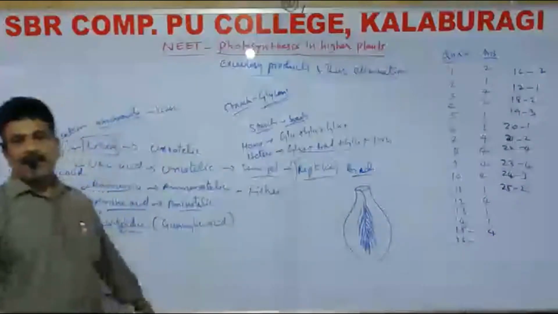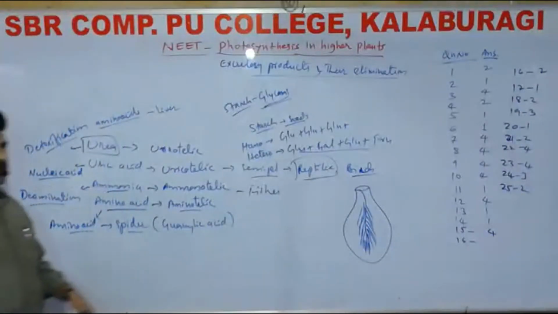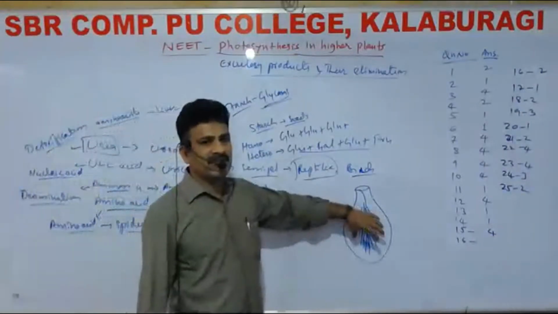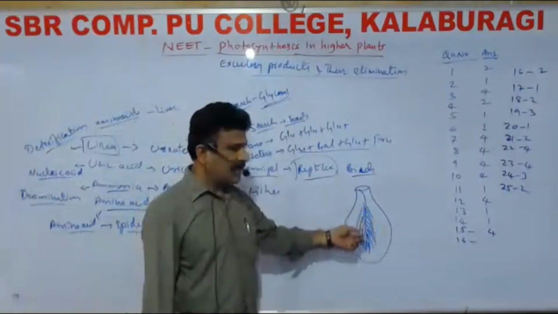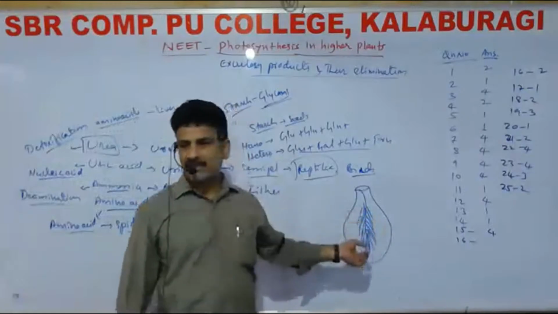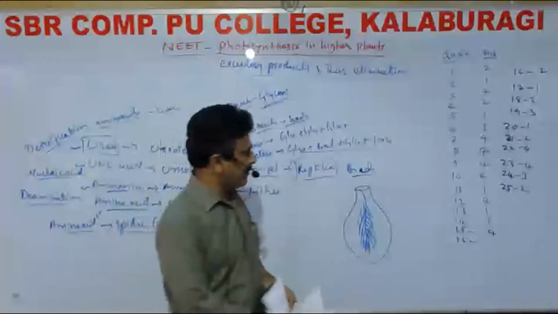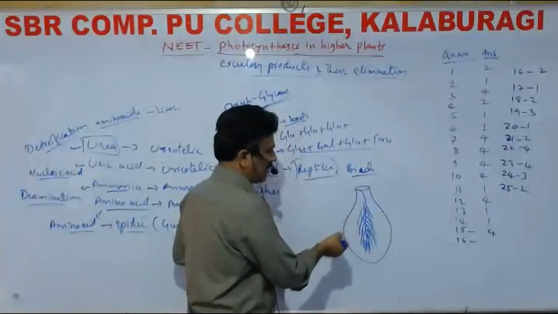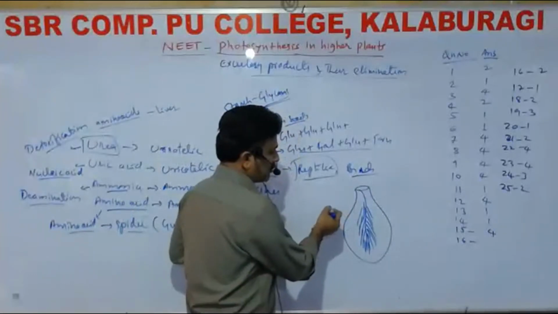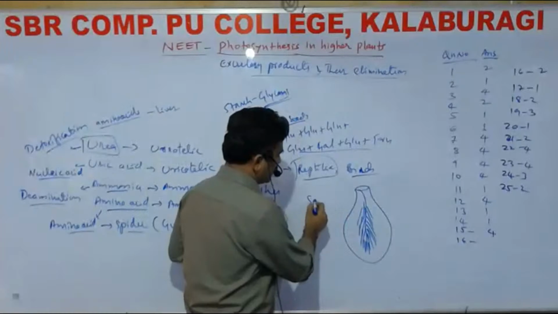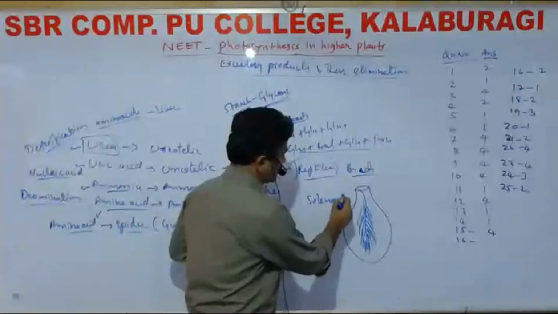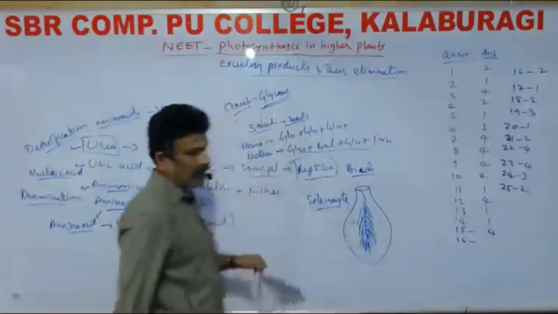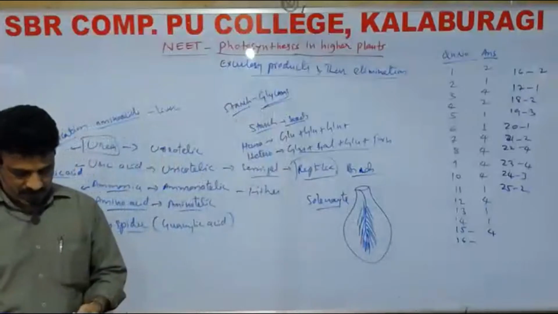Inside the cells, the filament-like structures are arranged in the form of a flame-like structure. So that's why they are referred to as flame cells. These are the excretory structures of platyhelminthes, especially Taenia solium and other organisms belonging to this group. These are also called solenocyte cells.